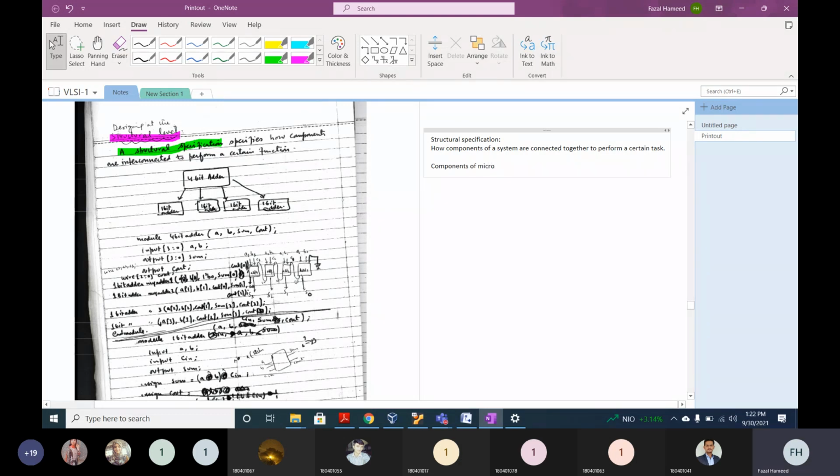Very high level or architecture level? Can anybody tell me? If you look at a microprocessor chip, we studied it in embedded systems.